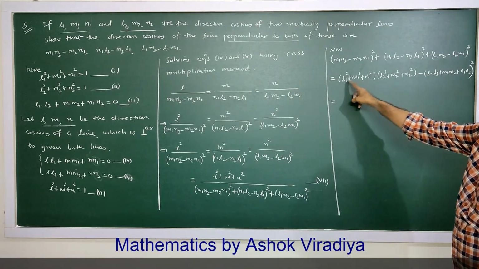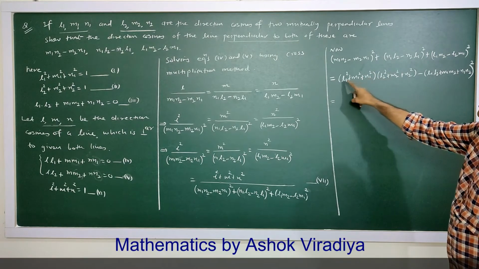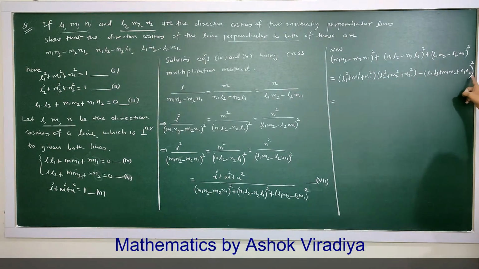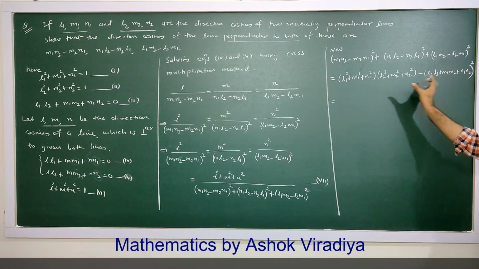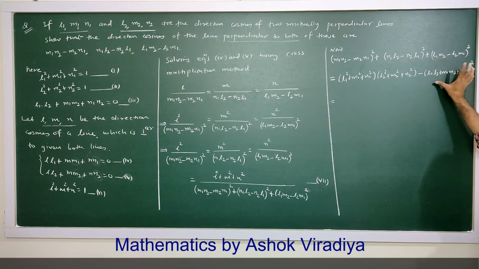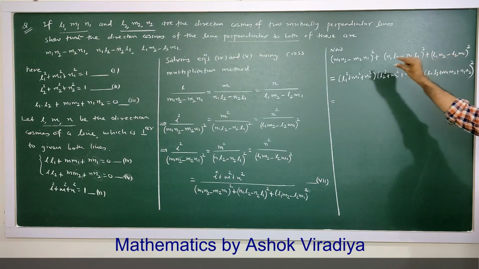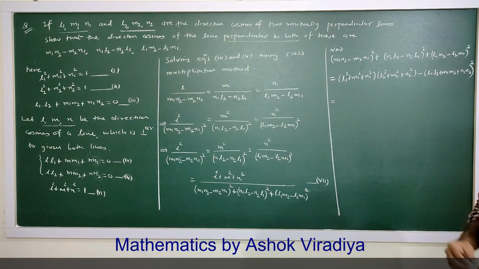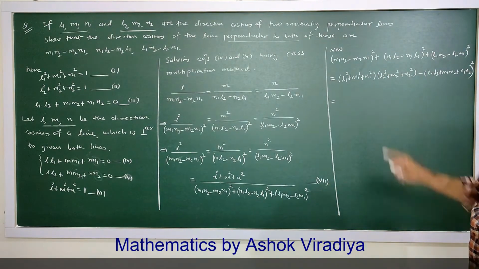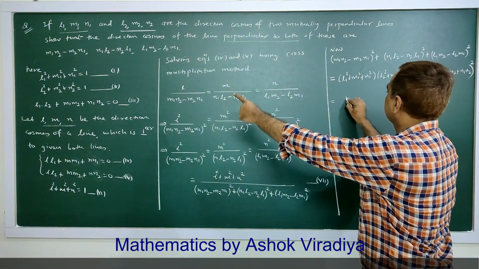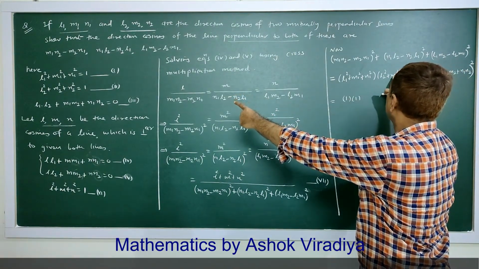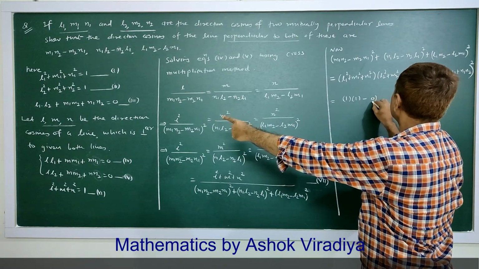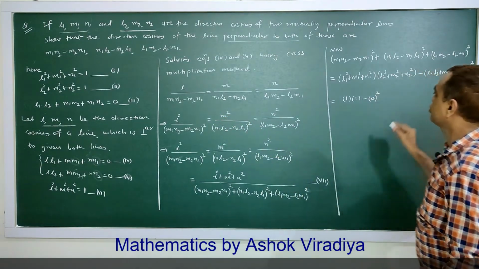If you expand this, L1 square into L2 square, L1 square M2 square, and a few terms will be eliminated from the expansion of this expression, and you will have the same. So the value of LHS and value of RHS will be the same if you verify this result. Now this is 1, this is also 1, minus this is 0, so put here 0. So this is 1.